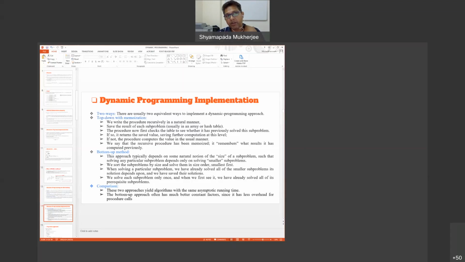That means if we want to find the optimal solution for a problem, we need the optimal solutions to the smaller subproblems. So based on the sizes of the problems, we solve the smaller problems first, and then we find the solutions for the next upper level using the solutions of the subproblems we have computed. That's why this is called a bottom-up approach. Starting from the smaller sizes, we go up to the bigger size, or the highest size of the problem.